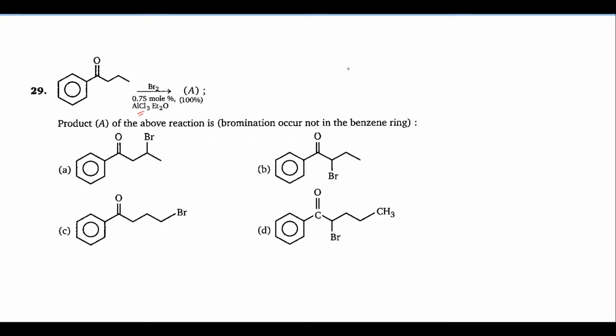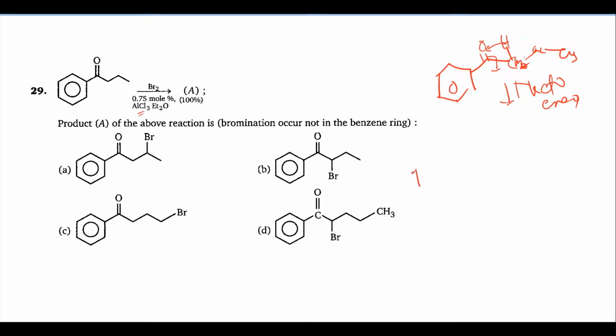First of all, take this compound: benzene, C double bond O, CH2, CH3. Here there will be one hydrogen attached to oxygen and the double bond shifted like this. This is keto-enol tautomerism.